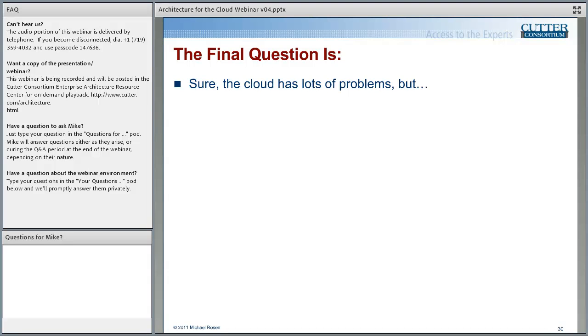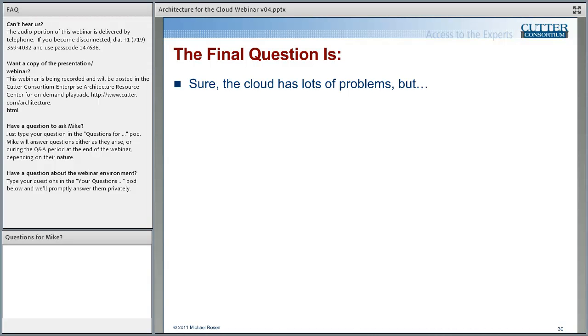So sort of the last question here is, there are lots of problems with the cloud. Amazon, the recent Amazon example, a perfect example of that. But could your organization actually do any better for equal or less cost? And the answer to that is probably not, right?